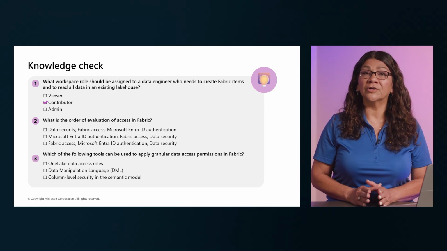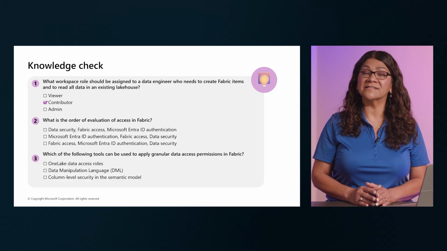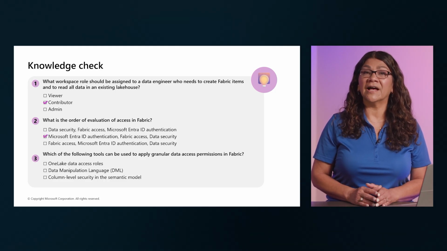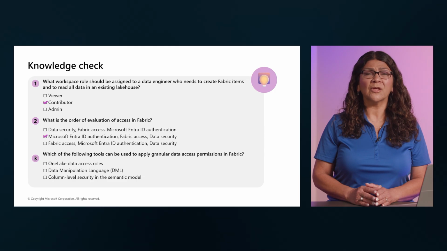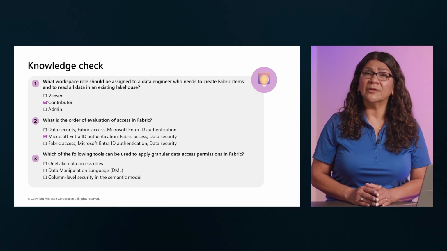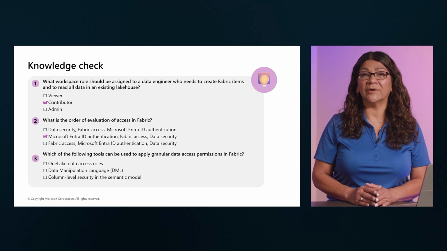What is the order of evaluation of access in Fabric? Answer: Microsoft Entra ID authentication, Fabric access, and data security. Question 3. Which of the following tools can be used to apply granular data access permissions in Fabric? Answer: OneLake data access roles.